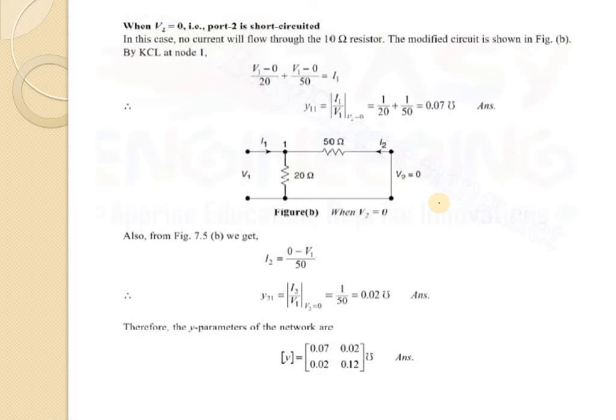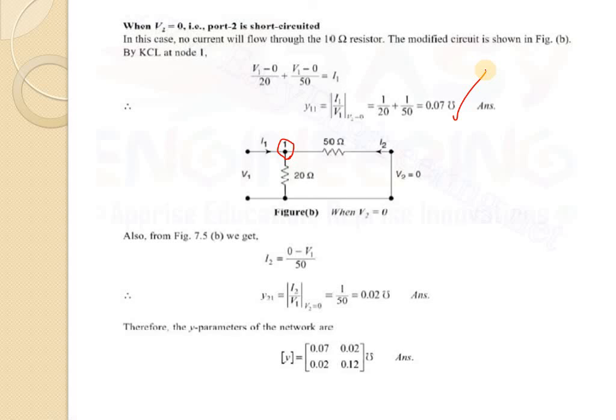Now by applying KCL at node 1, we are getting that V1 minus 0 divided by 20 plus V1 minus 0 divided by 50 equals to I1. We have just applied KCL in this node, and from there we have calculated that Y11 equals to 0.07 mho.